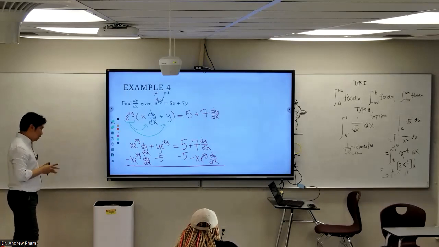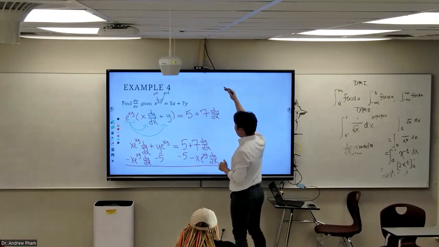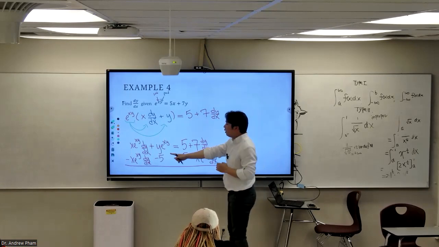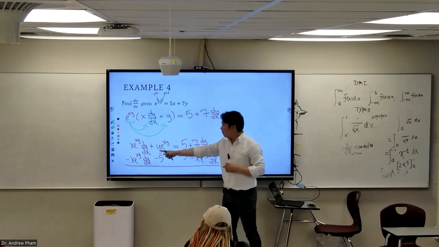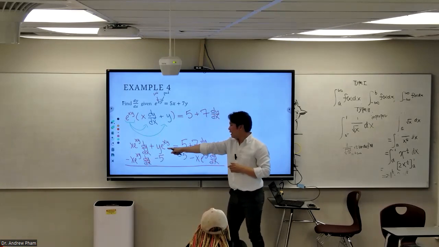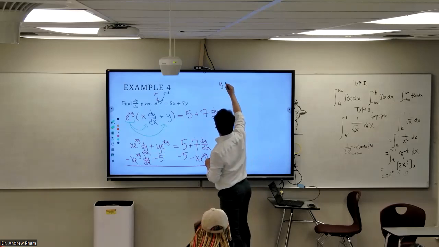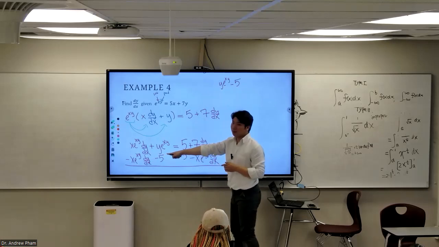All right, so let's write out where everything moved. Let's write it up here. On the left, I've got this canceled out because I wanted to move it. And I'm left with y e to the xy minus 5, like so.